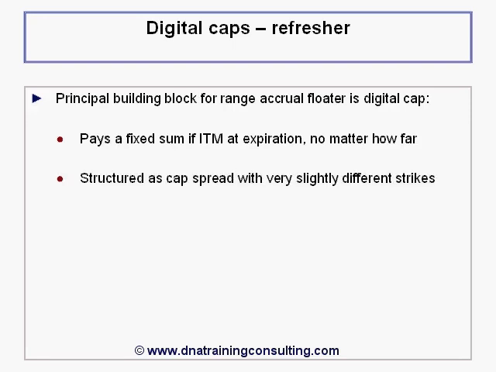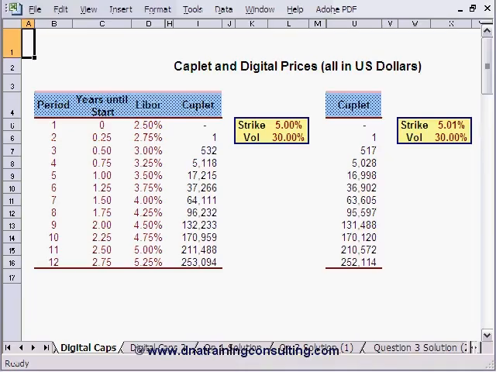We also explained that a digital cap can be structured by simply buying and selling 2 caps with very slightly different strikes, but otherwise identical terms. We quickly review these 2 concepts on worksheet digital caps shown right here, but please revisit the earlier module if you are shaky on this material.